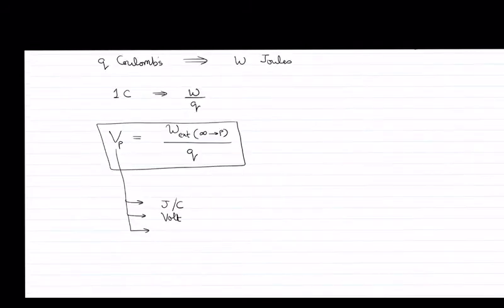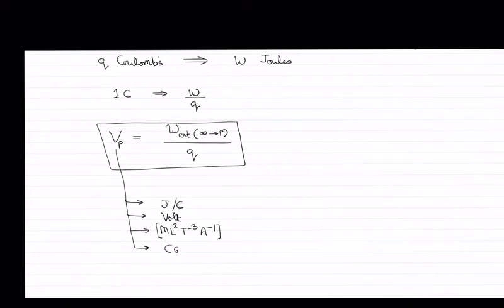The dimensional formula of electric potential is M L square T minus 3 A minus 1, and we should put the square brackets here. There is a CGS unit also.